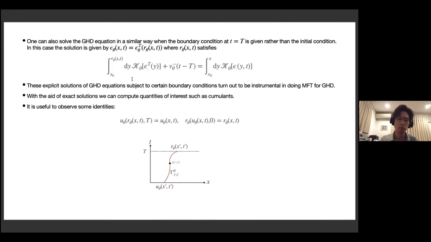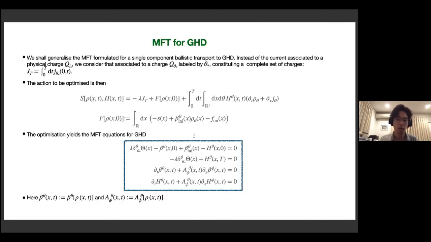And of course, you can do the same thing with another kind of boundary condition, let's say when large t is provided. We can do the same thing, where r theta is defined in this way. Okay, so probably I should go quickly from here.